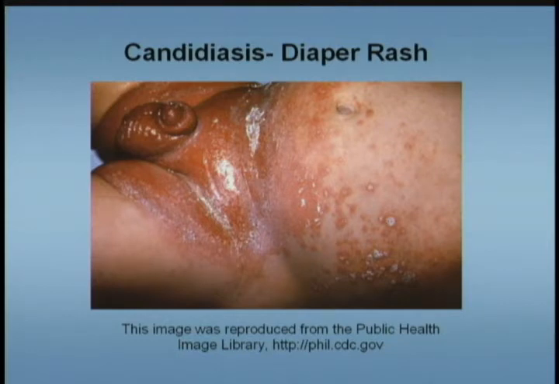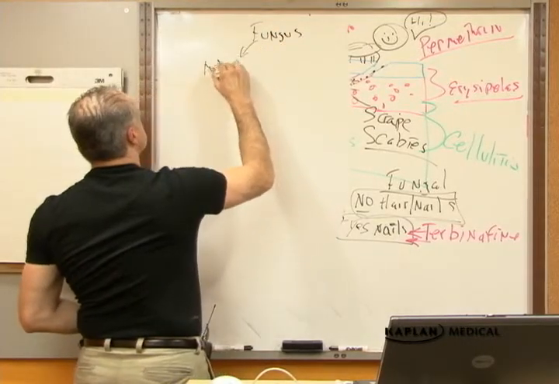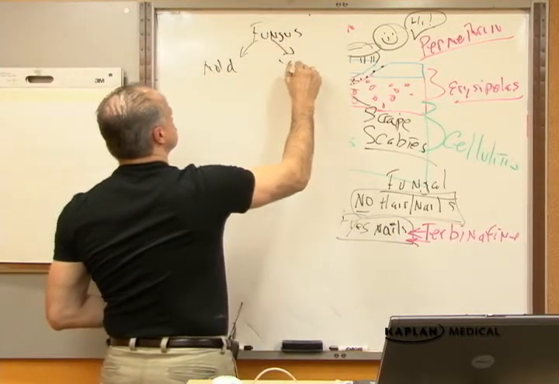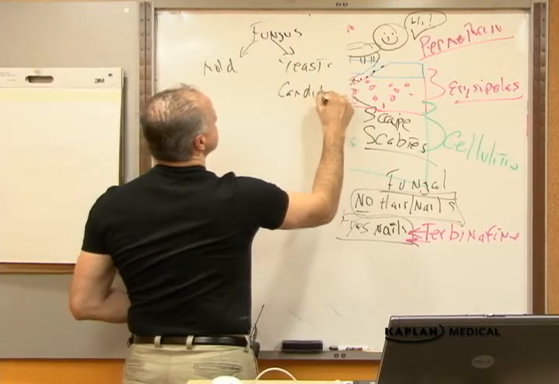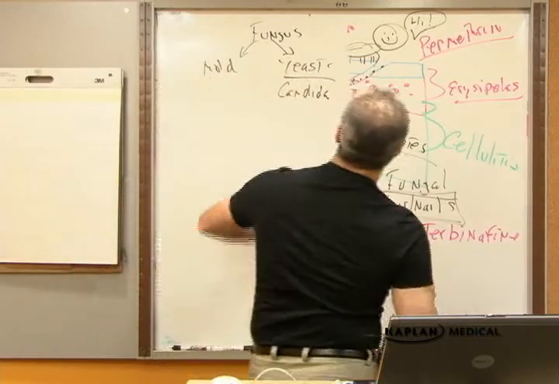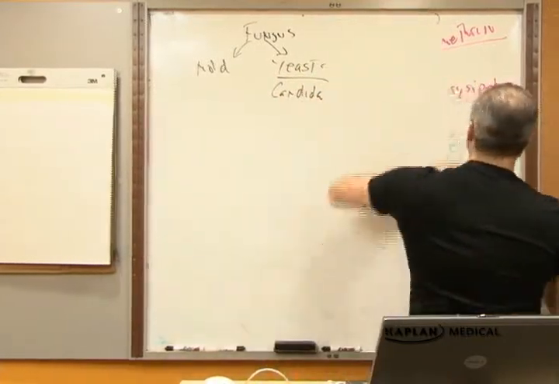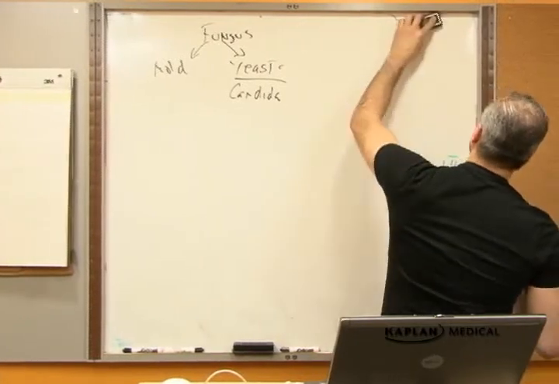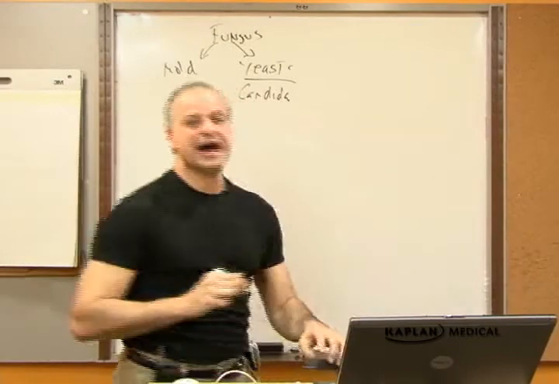Do you ever wonder what's the difference between a fungus and a yeast? Fungus is the group term. Fungus can be molds, fungus can be yeasts. Yeast is things like candida. Candida only exists in the warm, moist, dark body temperature of the human body.